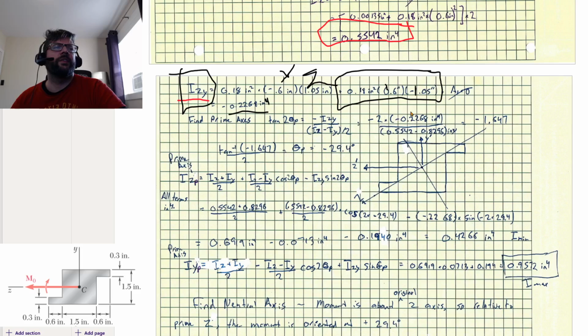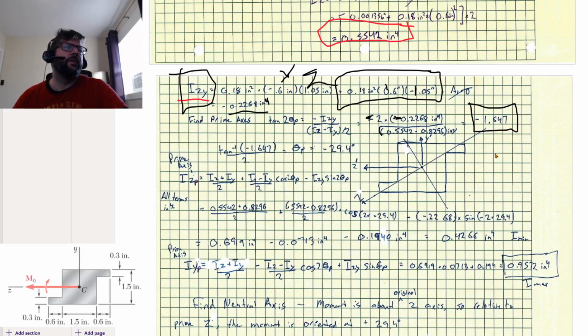Got the negative sign here and the negative sign here, so those two cancel out. But then we've got the smaller value minus the larger value down on the bottom here. So that ends up being negative 0.1647.